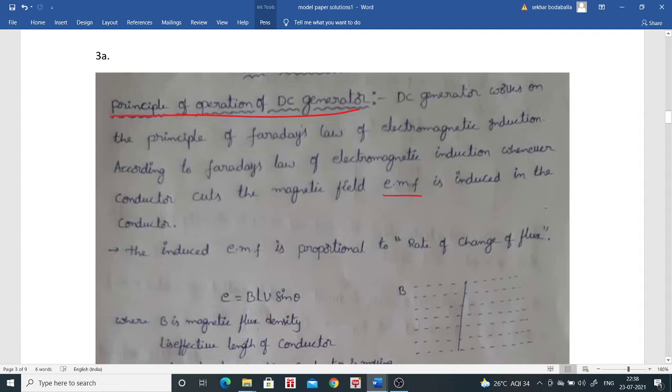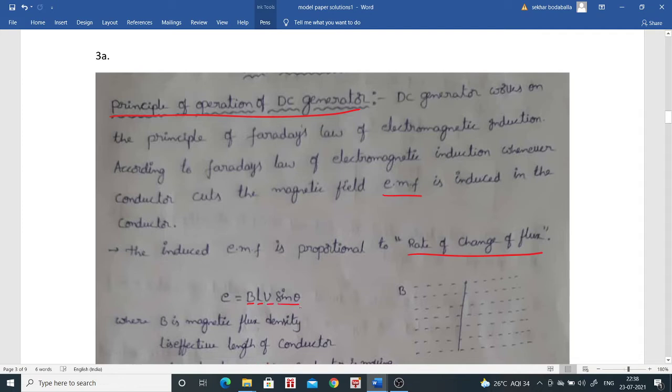So the induced EMF is proportional to the rate of change of flux. This induced EMF is given by E is equal to B into L into V into sine theta.